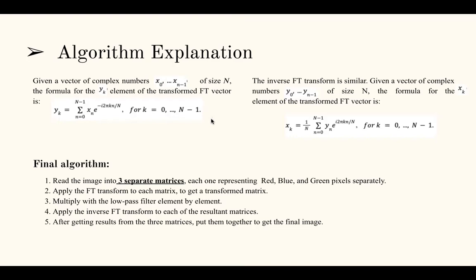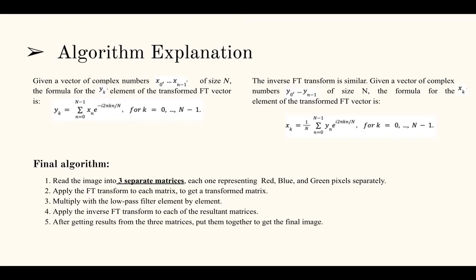With this formula, we can compute the two-dimensional Fourier transform by first computing a one-dimensional Fourier transform on the row vectors, and then applying the same one-dimensional Fourier transform to the column vectors of the matrix.